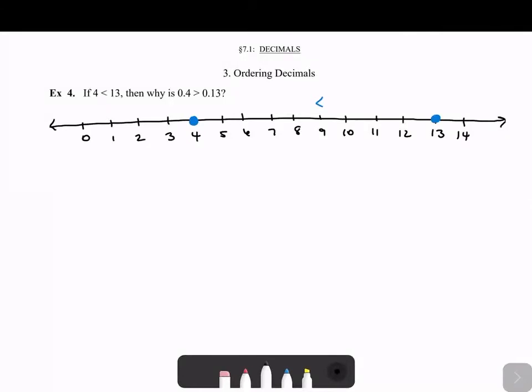However, when we switch to the decimals, we can see that 0.4 only has value in the tenths place, and 0.13 has value in the tenths place and the hundredths place.